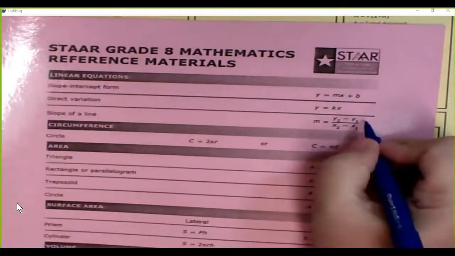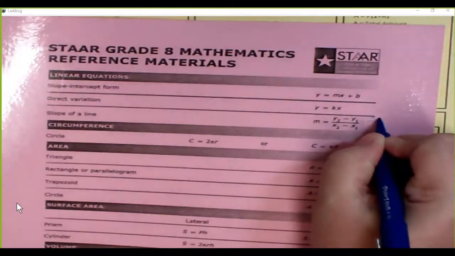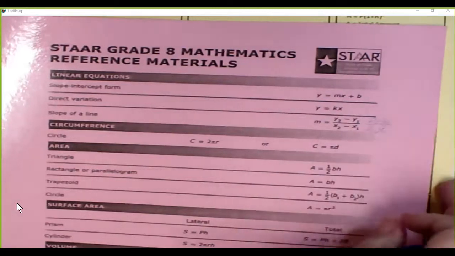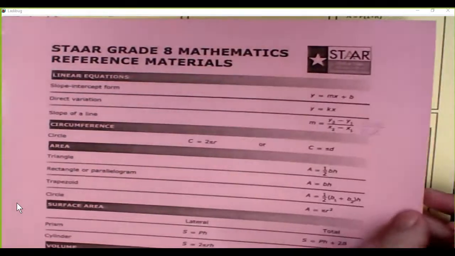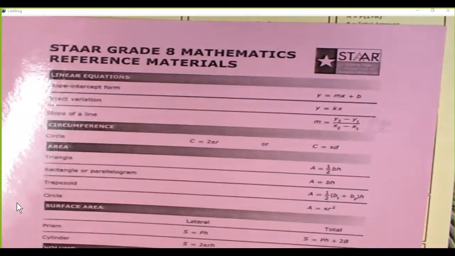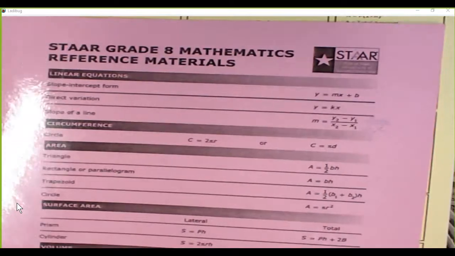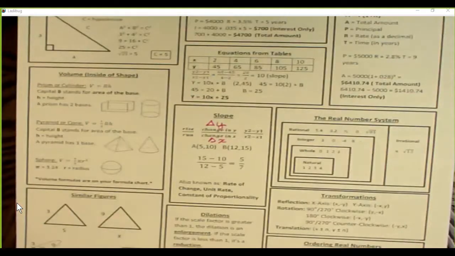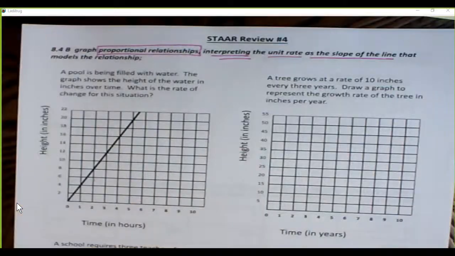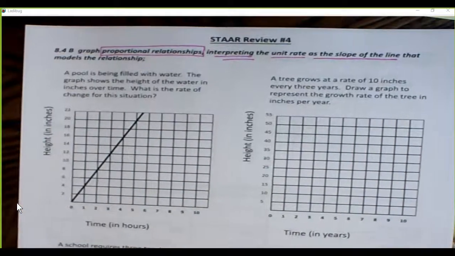But guys, that's just a formula way to say change in y over change in x. I know you can't see me writing on it. But that means the same thing, change in y over change in x. Okay? Just so you know that. All right, let's put this off to the side and let's go moving on to our problems.